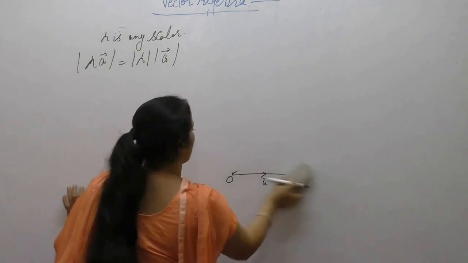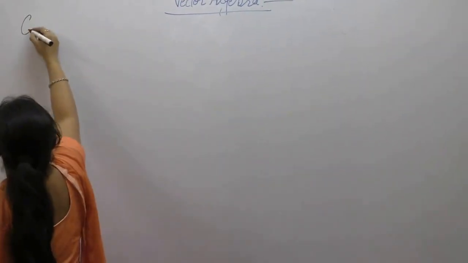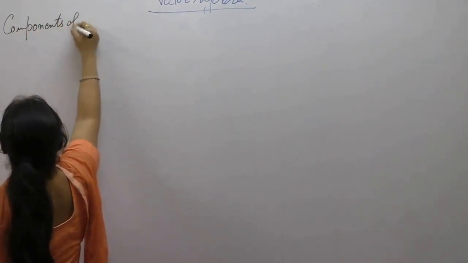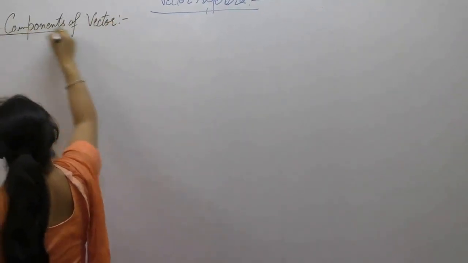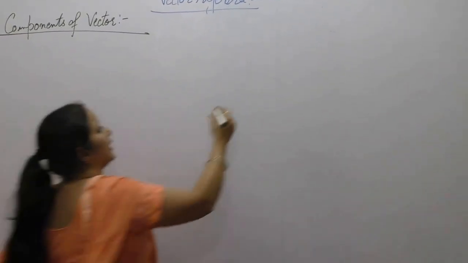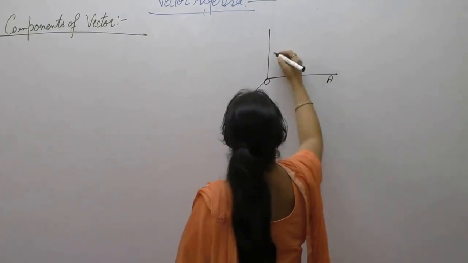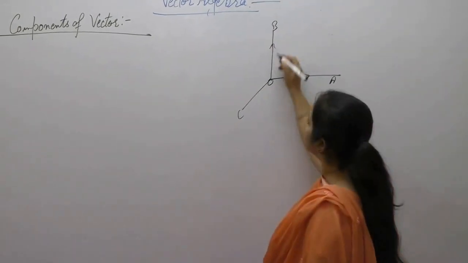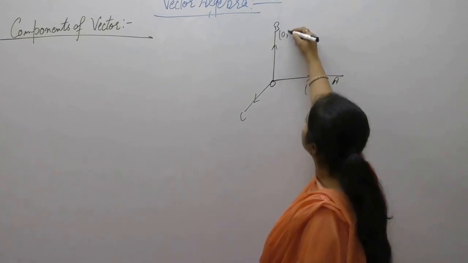Now next is components of a vector. Components of vector. Vectors OA, OB, OC, each having magnitude 1 unit.